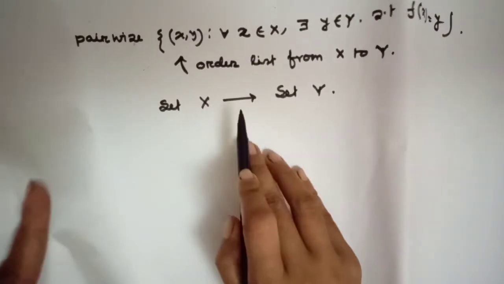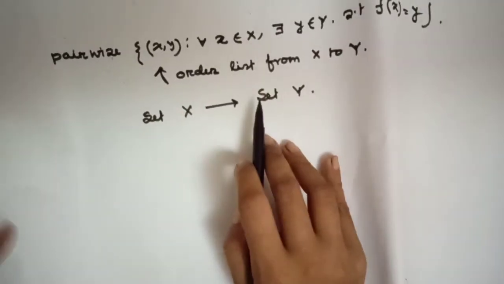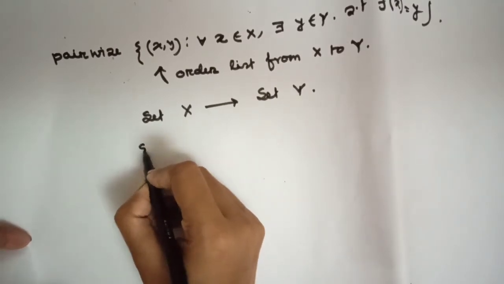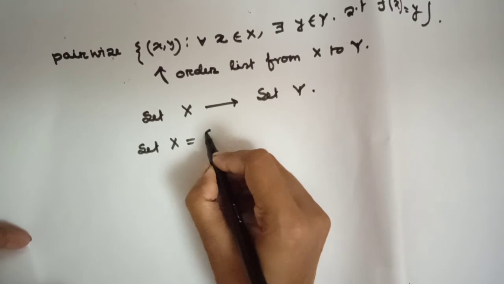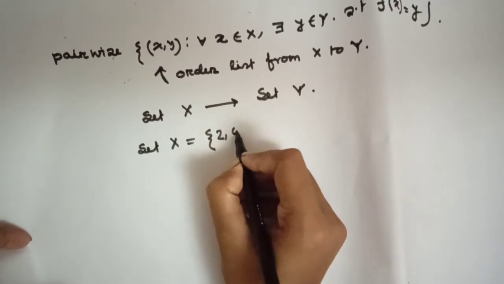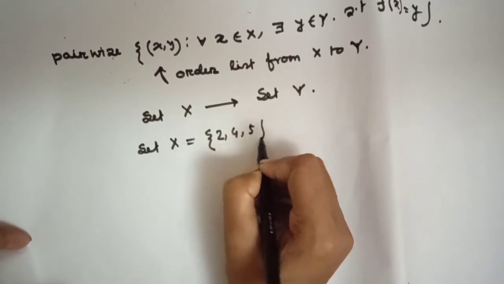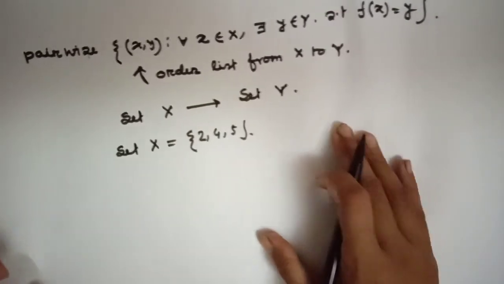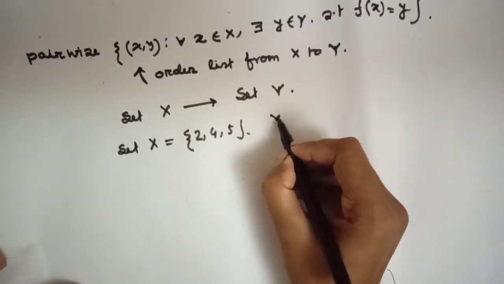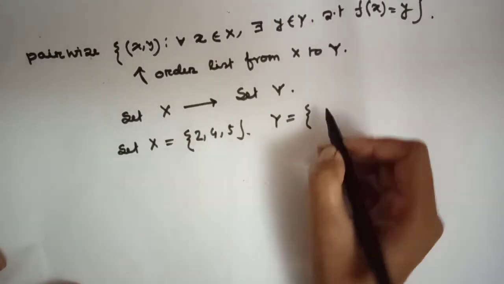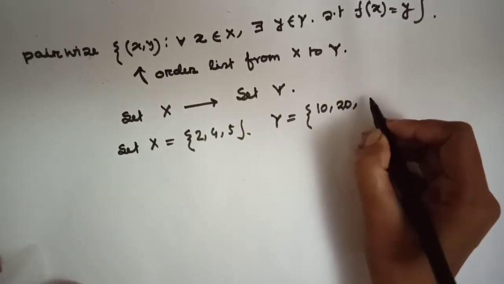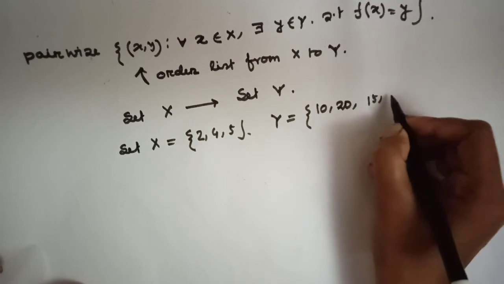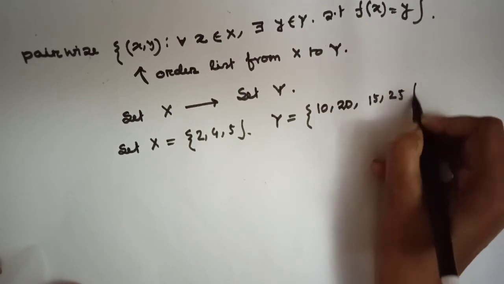Set X maps to set Y, and let set X contain the elements 2, 4, 5, and set Y contain the elements 10, 20, 15, 25.